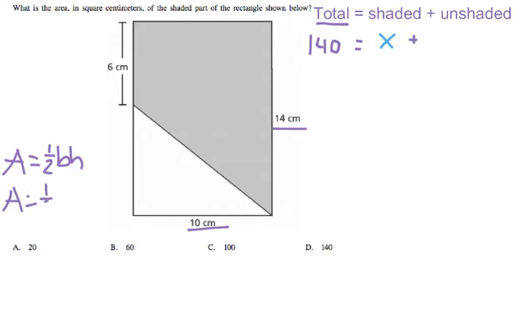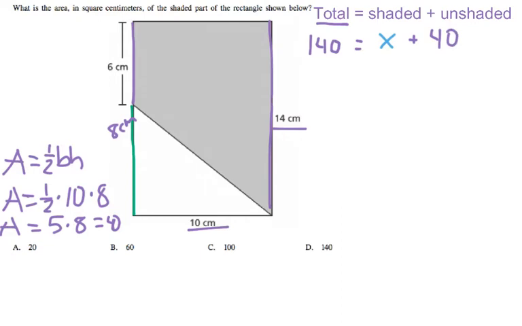Area equals 1/2. Base is 10, and I can figure out my height because I know that this whole side is 14, and this little piece is 6. So then the missing part, which I'm going to highlight in green, must be 14 minus 6, which is 8 centimeters. Okay, so times 8. Area equals 1/2 times 10 is 5, times 8 is 40.